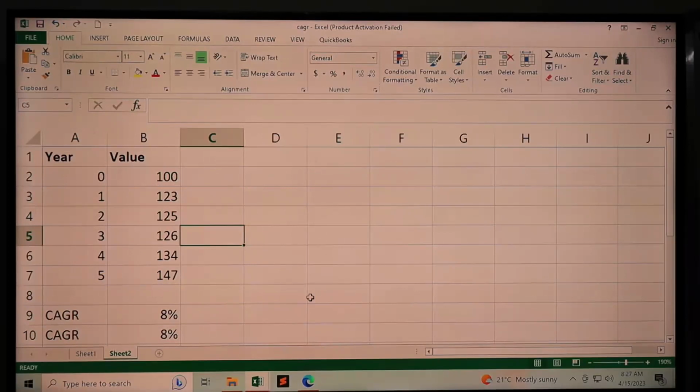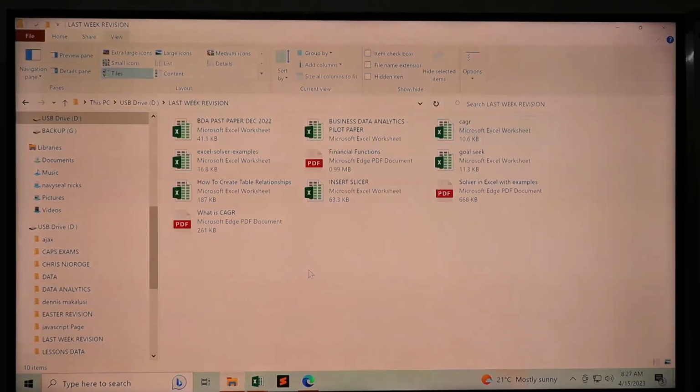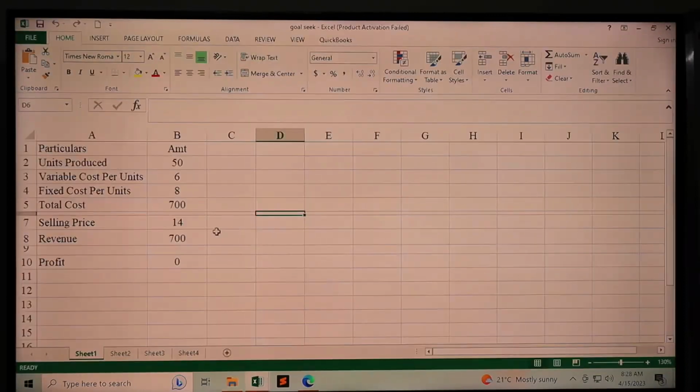I want us to check a little bit about solvers. You remember, initially we did discuss goal seek, and I explained what goal seek is all about. We said that this function, goal seek, is a function that helps us to compute the value needed to achieve a specific goal.